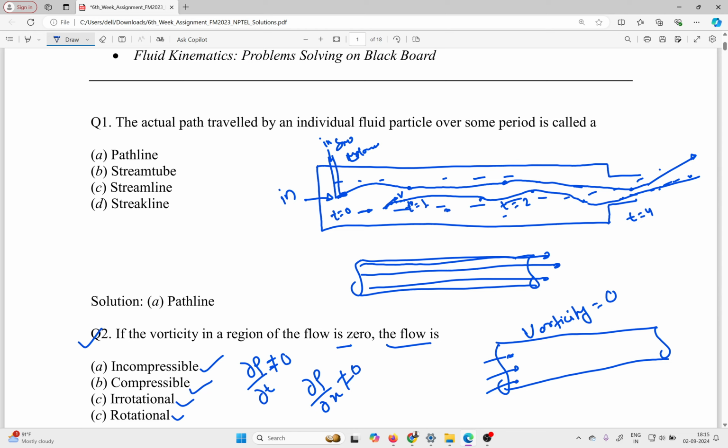Compressible flow is just the opposite: the density of the fluid should change. Irrotational, you know already, the vorticity should be 0, that is, the rotation of the fluid particle should be 0 for irrotational.